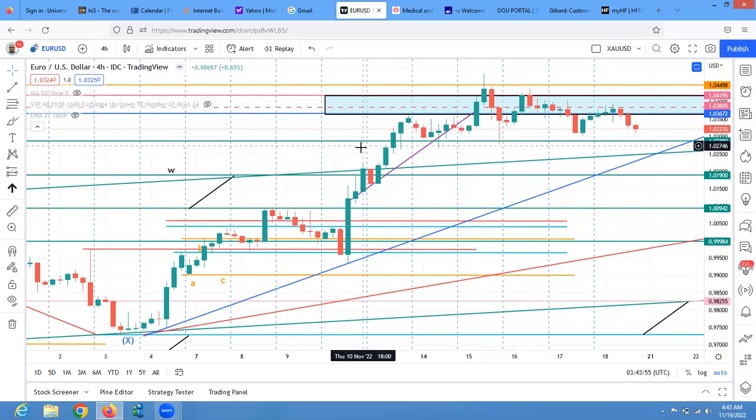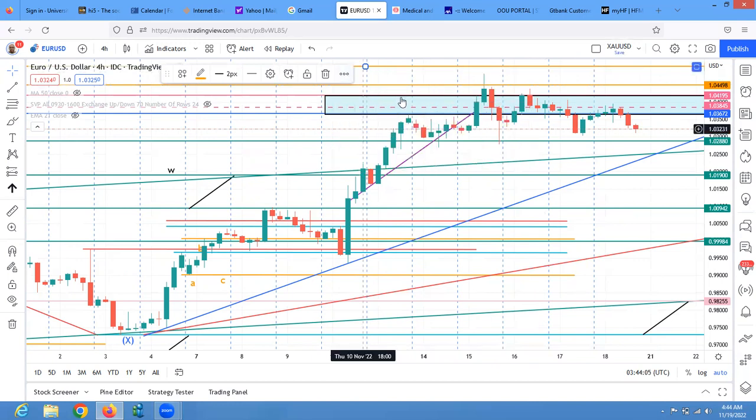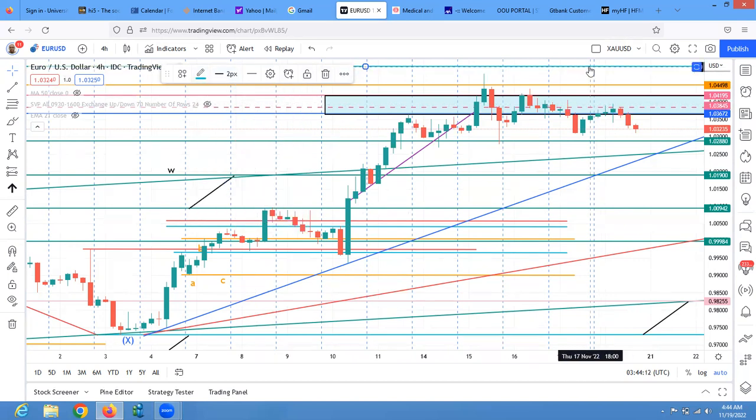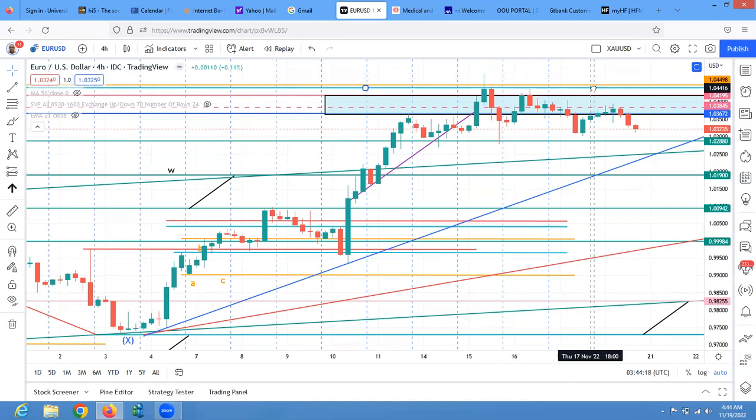Let me show you. This was where we put our stop loss. Let me show you exactly what I'm trying to say by using this color, and I'll still come back there. The price closed a bit higher. The exact place on the 4 hour is exactly here.